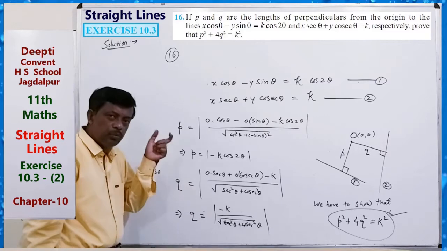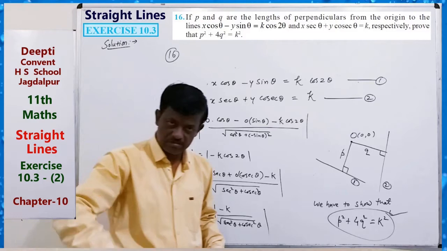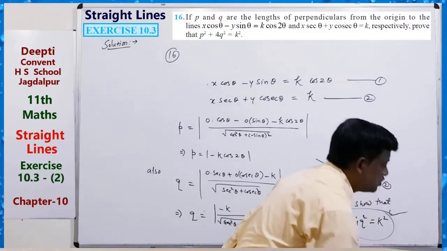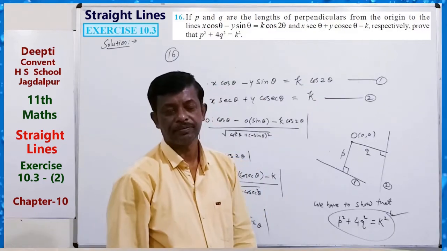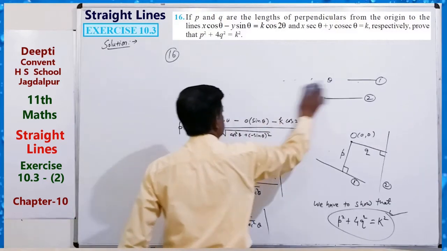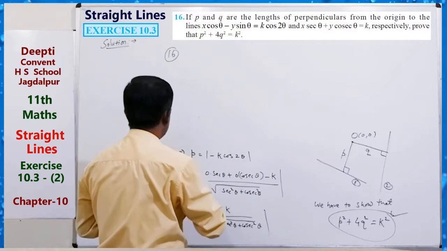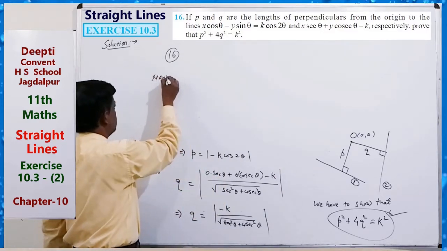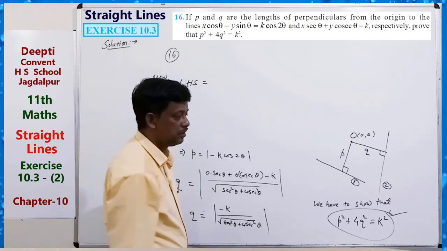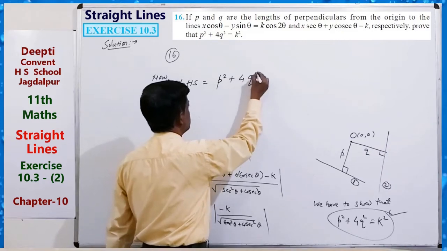Just put the values of P and Q on the left hand side, and just solve the trigonometric relation, you can get the solution. Clear? Just start from the left hand side. Left hand side: P square plus 4 into Q square.